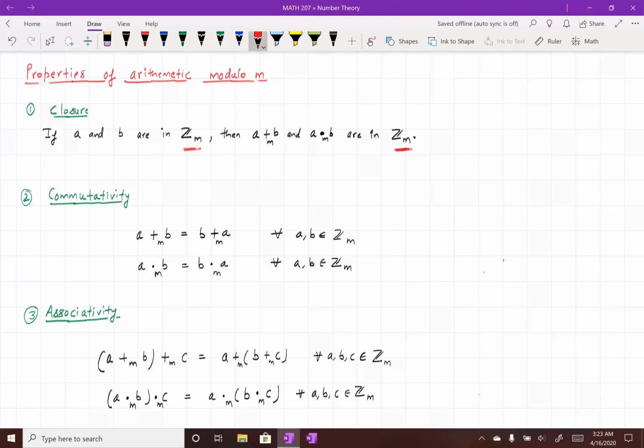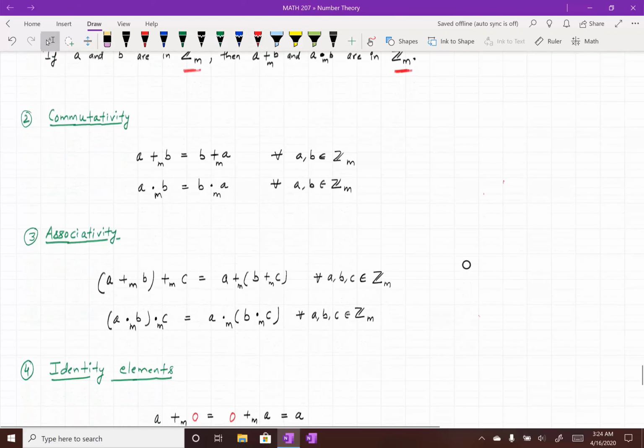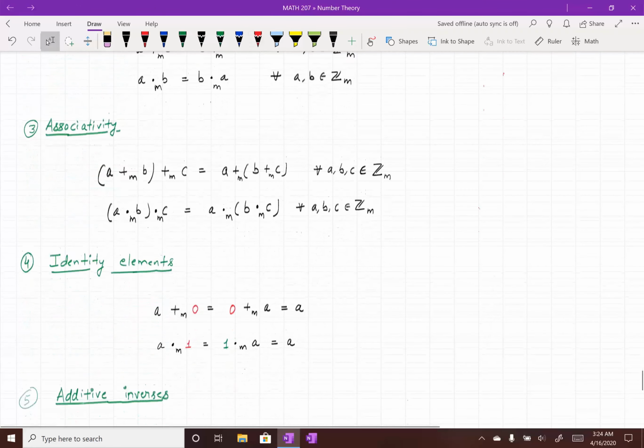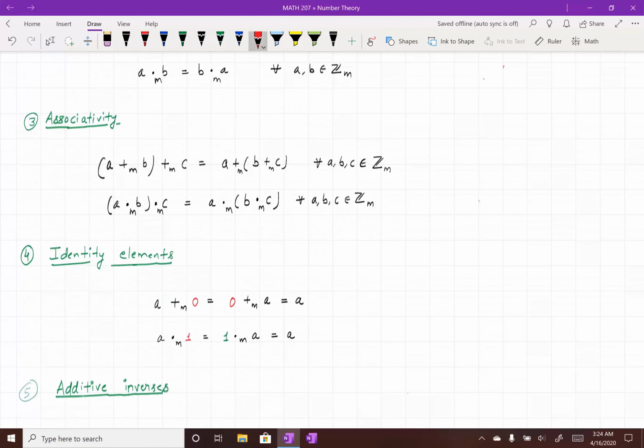The second is your commutative property, which is similar to your usual arithmetic operation. So a addition modulo m with b is going to be equal to b addition modulo m with a, and a multiplication modulo m with b is going to be the same as b multiplication modulo m with a. You also have the associative property here, with respect to addition and multiplication.